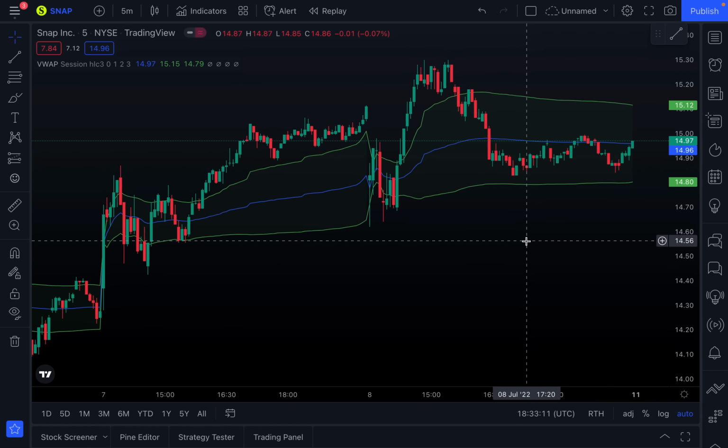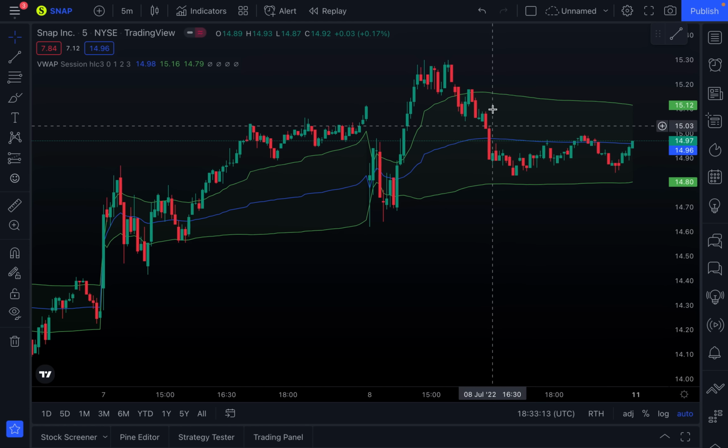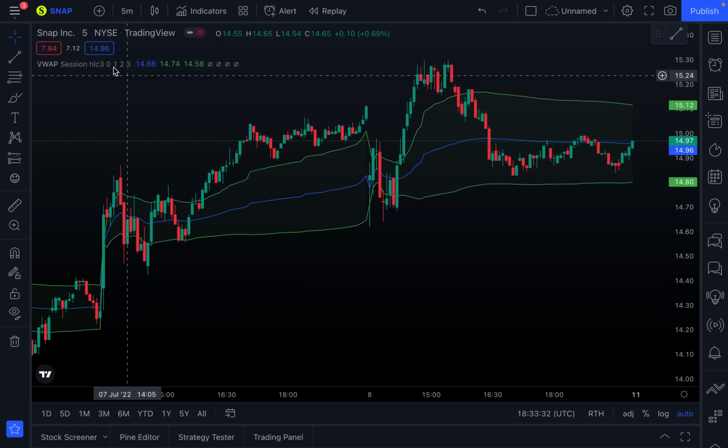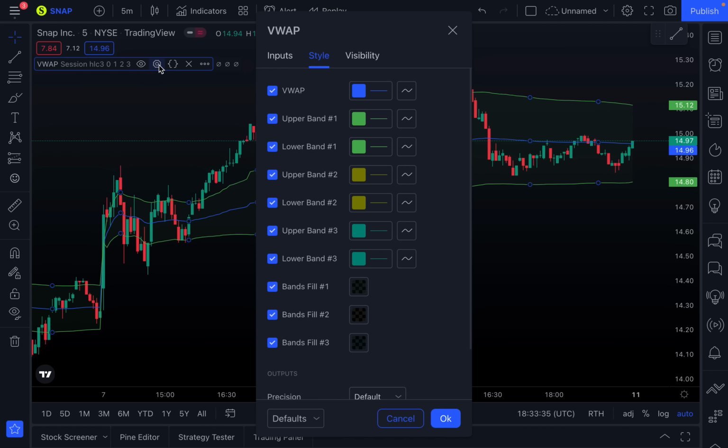Now, as you can see, there are multiple different lines here in shades of background. The first thing I want to do is remove all of these except the VWAP. They may be useful for more advanced traders, but for today, I just want to focus on the VWAP and not confuse you with all these other lines. So I'm going to go over to my VWAP indicator, go into the settings, and hide everything except the VWAP.